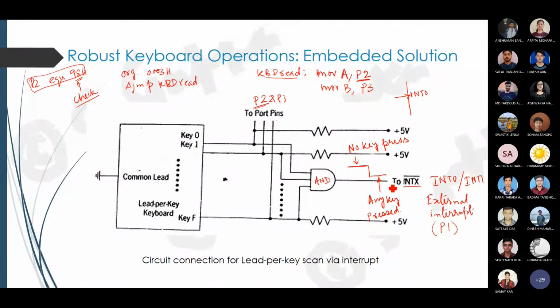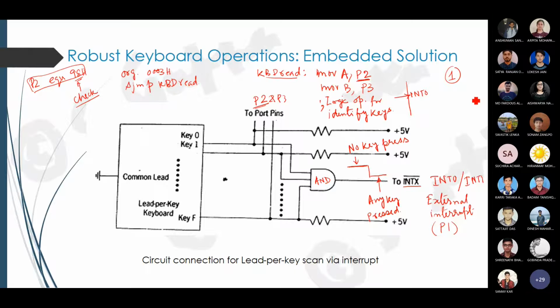So this INTX will not give us which key has been pressed, but we can do it with this logic. So logic operation for identifying keys. Okay. So once you find that key, then you can do the corresponding actions, like say key 0 is pressed, which is symbolized as say 1, and you want to display it on the display unit.